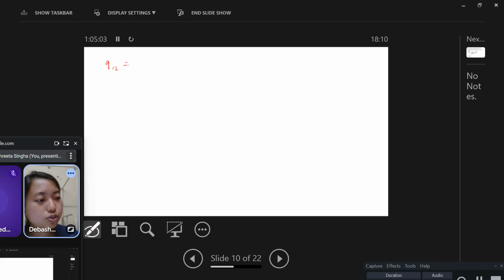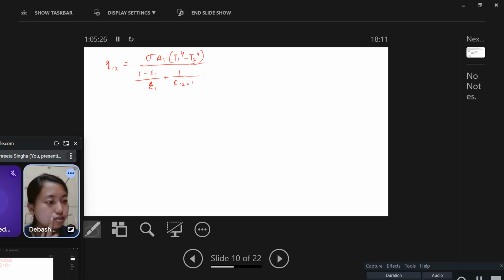Q net or Q12 you can write as sigma A1 (T1 to the power 4 minus T2 to the power 4) divided by (1 minus epsilon 1 divided by epsilon 1, plus 1 by F12, and F12 is 1, so plus 1, plus 1 minus epsilon 2 into A1 divided by A2).